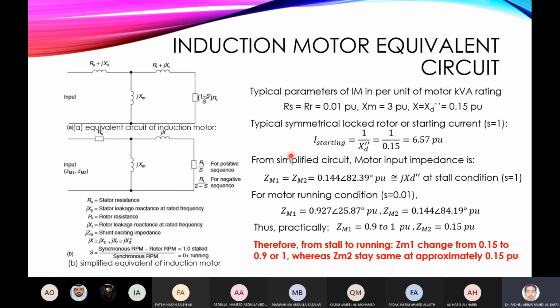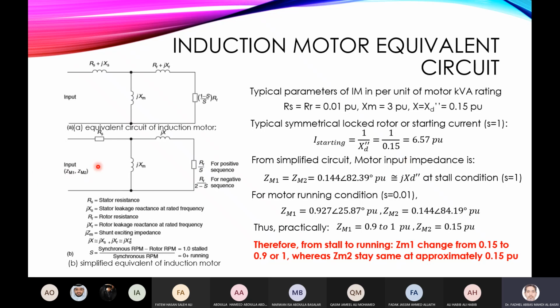Now, let's take typical parameters and see what the input impedance of the induction motor is under different conditions. When it is at standstill, when you apply rated voltage and the motor shaft is at standstill, what is its input impedance for the positive and negative sequence?